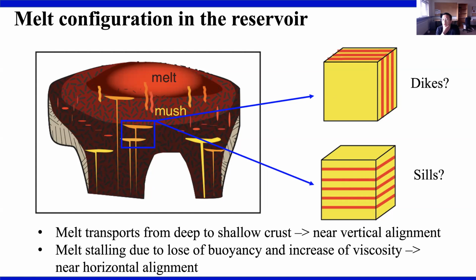Unfortunately, traditional seismic tomography cannot help us, because in order to resolve this kind of small scale feature, we have to have super high frequency energy, which is not usually available. And you also need to rely on a very high density of stations, which a lot of times is not available either.